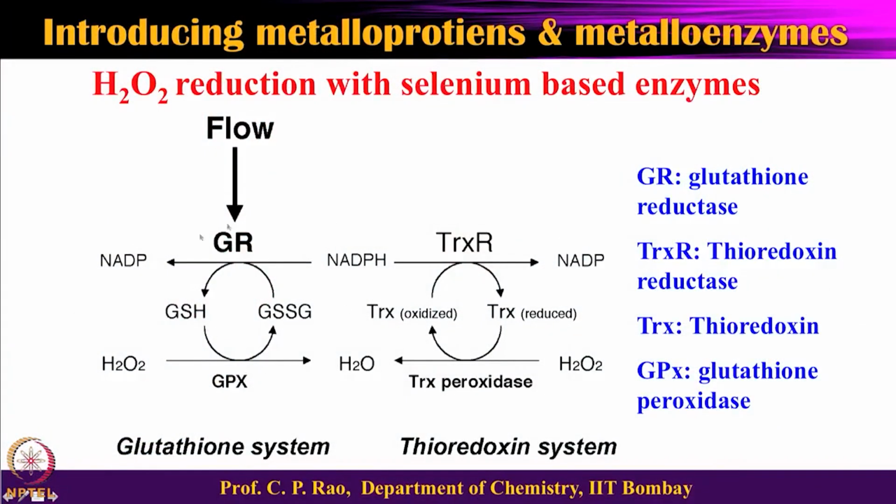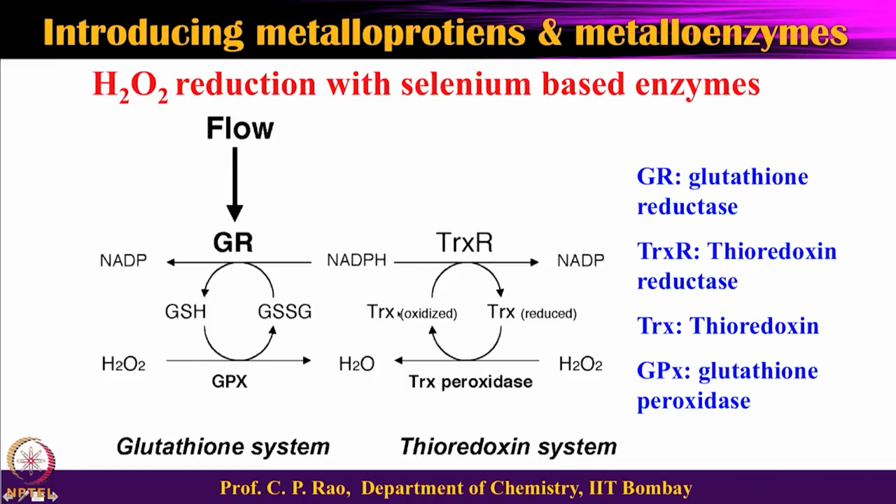Now, the same thing that I talked about can be seen in the form of a schematic representation. Here you have, let us say, H2O2, and the reduced thioredoxin (TRX) will oxidize and reduce this to water.